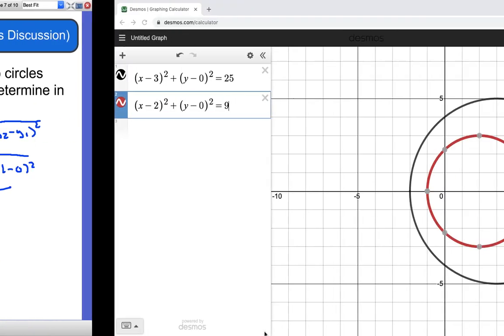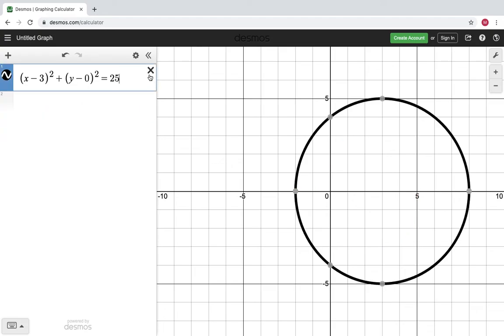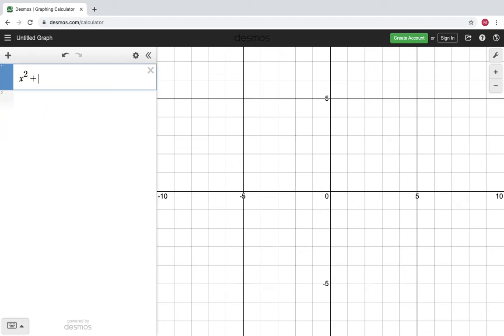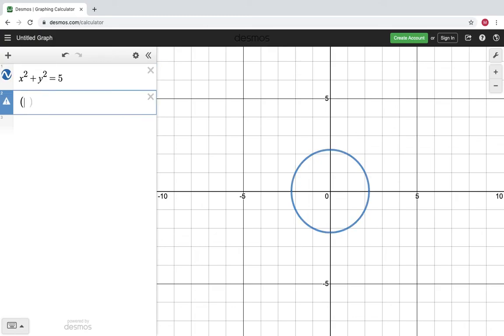So if we wanted to graph that, we could. So we would take these off. That would be x squared plus y squared equals 5, and we know the center for this one is at 0, 0.